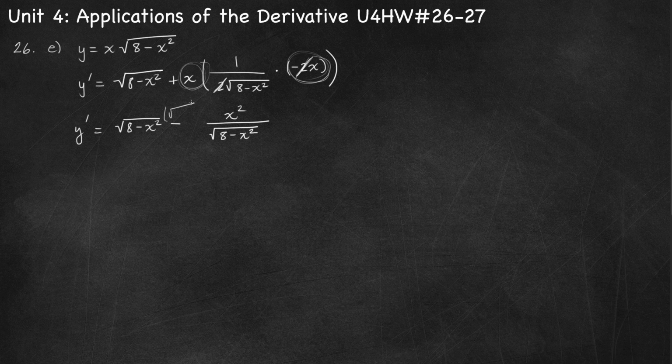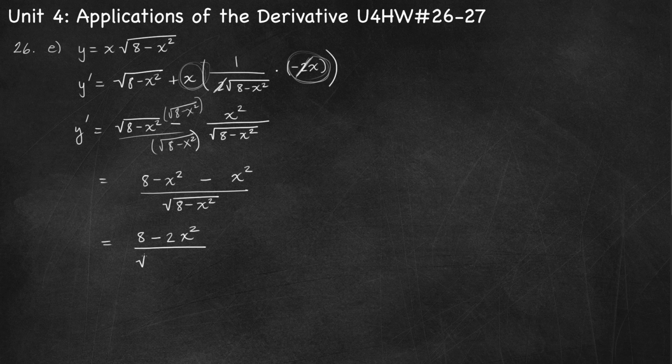And that's going to give me just 8 minus x squared minus x squared all over the square root of 8 minus x squared, like so. And then if I continue to simplify that, now I have 8 minus 2x squared over the square root of 8 minus x squared.